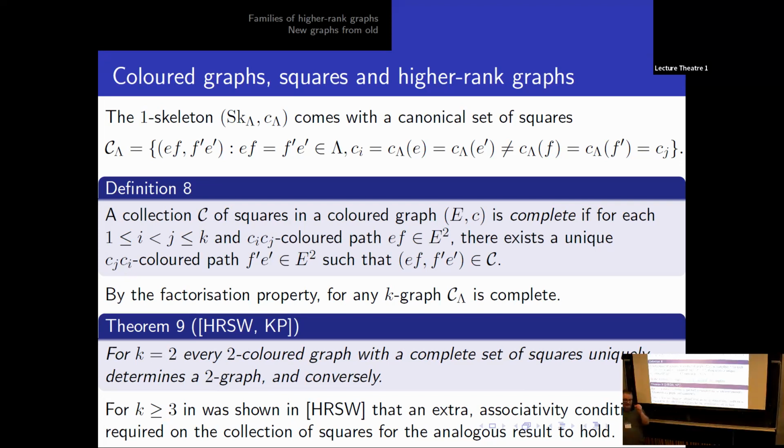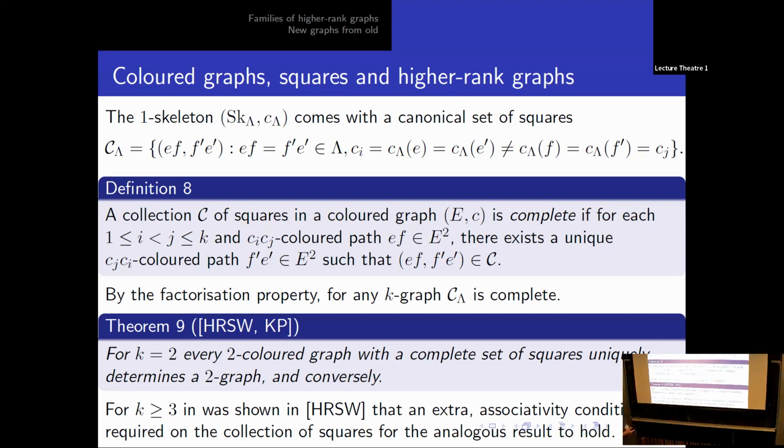In some sense, what's interesting is that paths of length 2 between vertices that go red, blue, and blue, red need a bijection between them. Again, the factorization property told us how to do this. But if you didn't have the K-graph to start off with, then this is obviously something you're going to want, because your target is a K-graph.